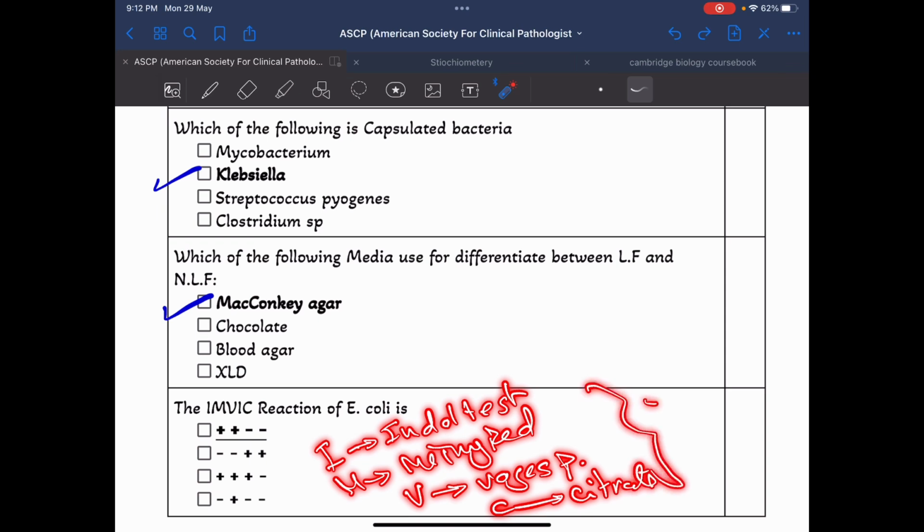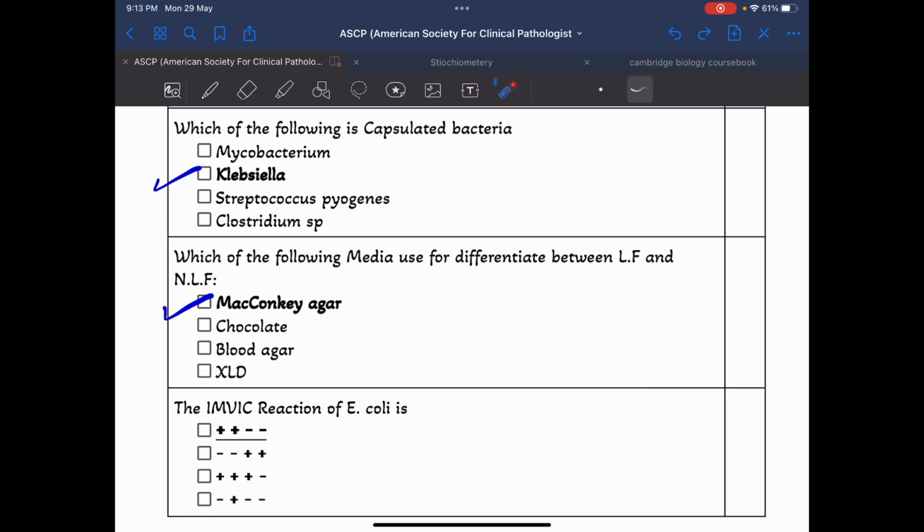These are chemical tests used for identification of E. coli and the other Enterobacteriaceae family. The reaction for E. coli is indole positive, methyl red positive, but Voges-Proskauer and citrate both negative. So the correct answer is the first choice.